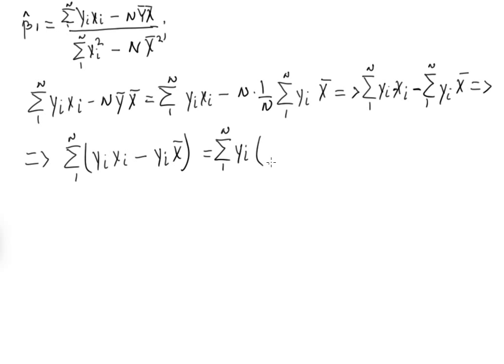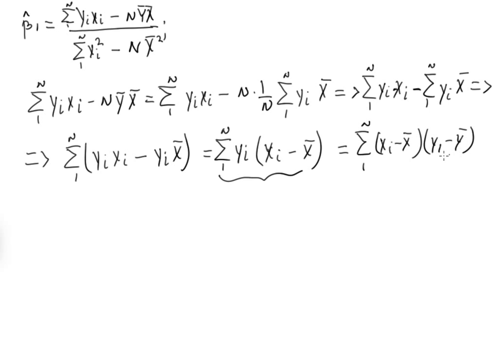Then this will be the sum of yi times xi minus x bar. Now this should remind you of something from yesterday's, or the previous, video, where we proved that this expression is equal to the sum of xi minus x bar times yi minus y bar.